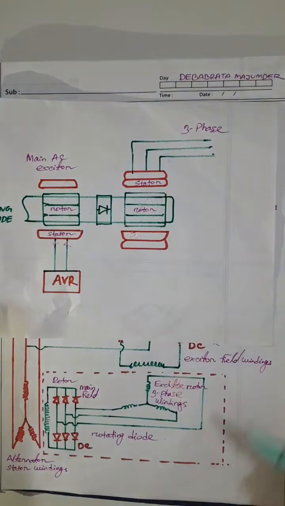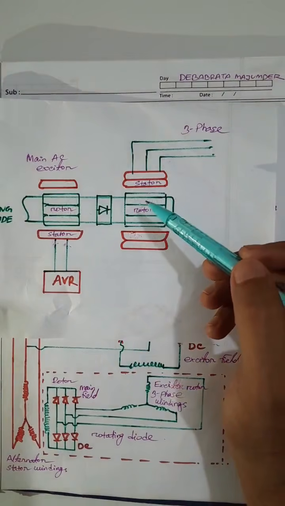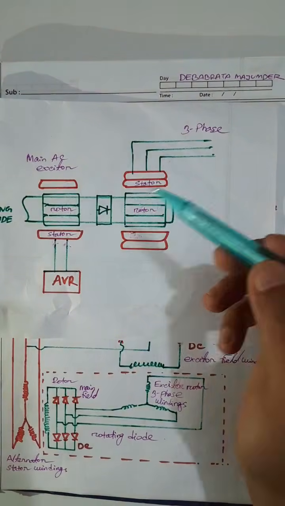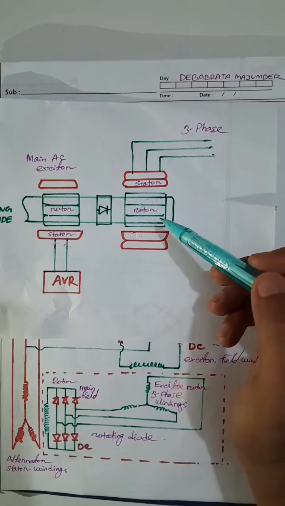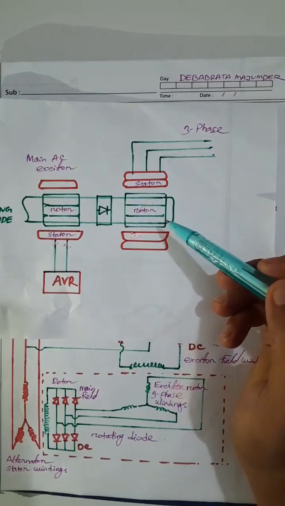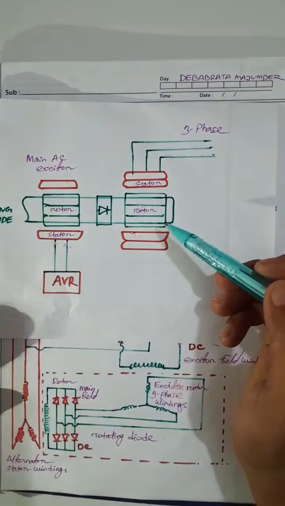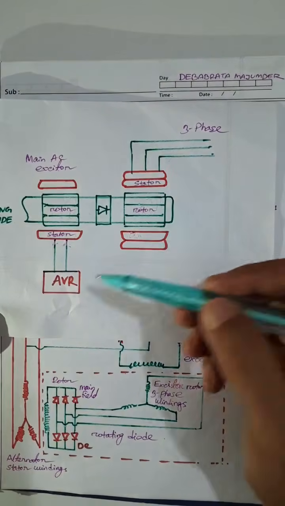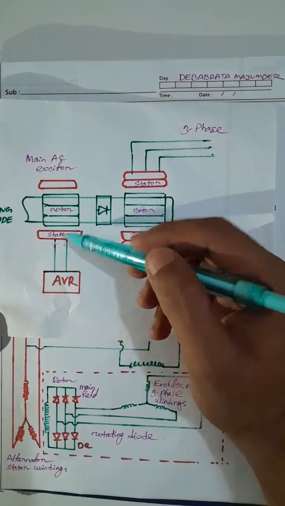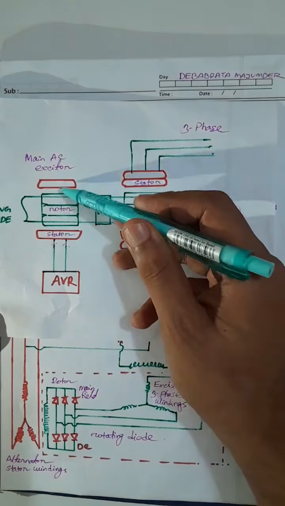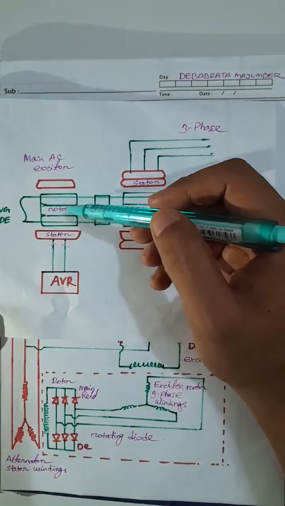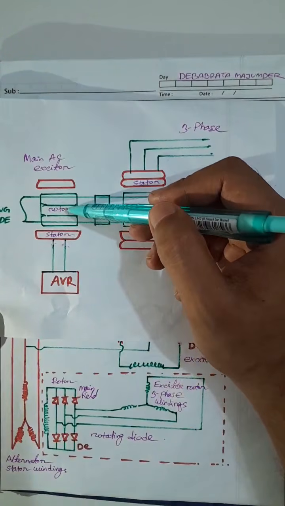So whenever there is an increase in load, initially when the load increases, there is a drop in voltage. So whenever there is a drop in voltage, we need to increase the voltage. That's why the AVR gives the signal or voltage to the stator windings, and there is an induced current in the rotor windings.